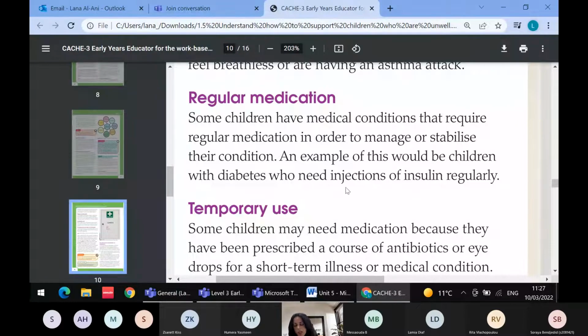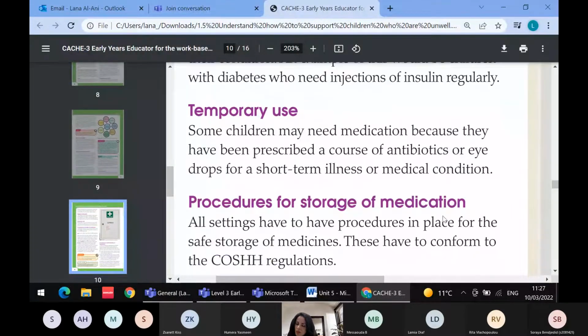How about temporary use? Some medication we might use temporarily, like antibiotics. If antibiotics have been prescribed for the child by the doctor, or eye drops or something short-term for the fever, we need to make sure that we give these medicines on time.